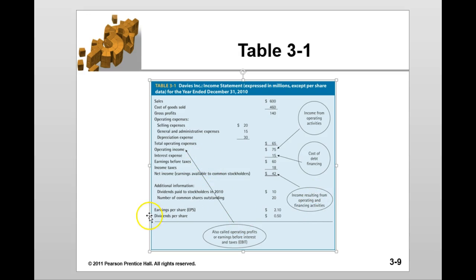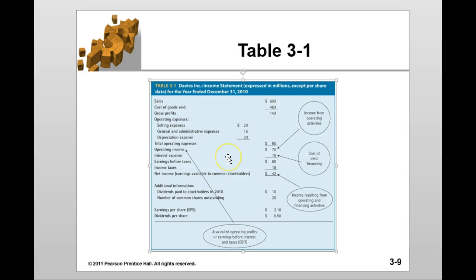And this one also has your dividends paid to the stockholders of $10 and the number of shares you have out. And then it goes further to show earnings per share, which is $2.10, which is 42 divided by the number of shares. And the dividends per share would be the dividend payout divided by the shares.